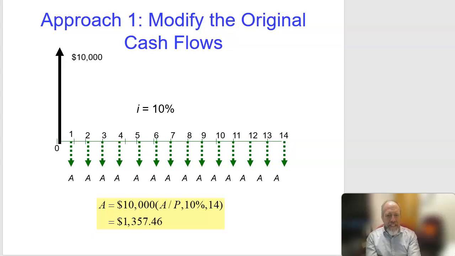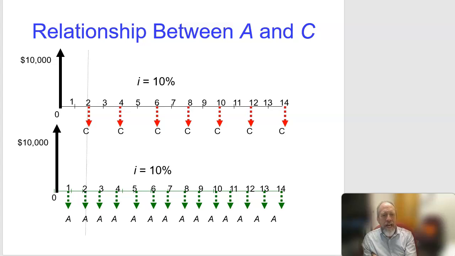And in the case here, it's easy to calculate with the initial value of 10,000 what that A would have to be. Okay, 1357.46. We need to get that now to an every other year type of situation. But then again, that's not that hard because you've got the A and the A. You know what that annual would be there.